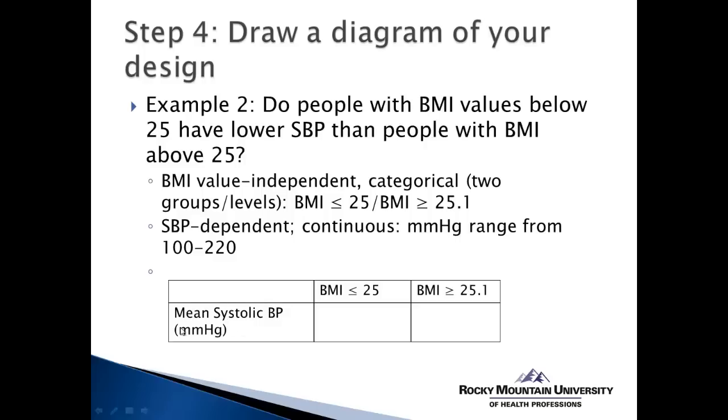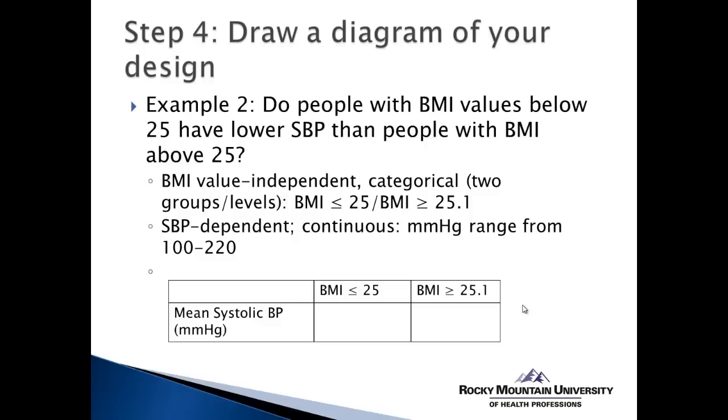We then put our dependent or outcome variable in the row of the table, and we have one of those, so we have 1 row. We label this as our mean systolic blood pressure, and we're comparing that mean systolic blood pressure for people with this level of BMI versus the people with this level of BMI. That's how we can fairly easily diagram out what we're trying to accomplish.